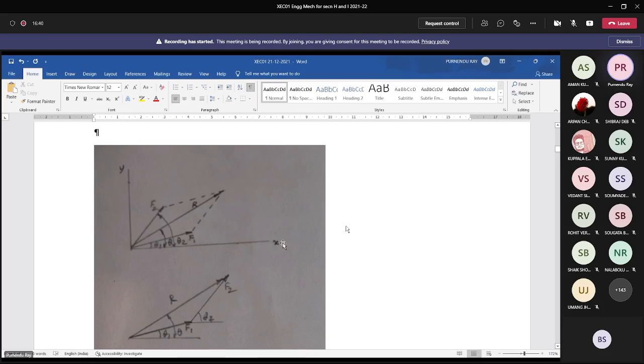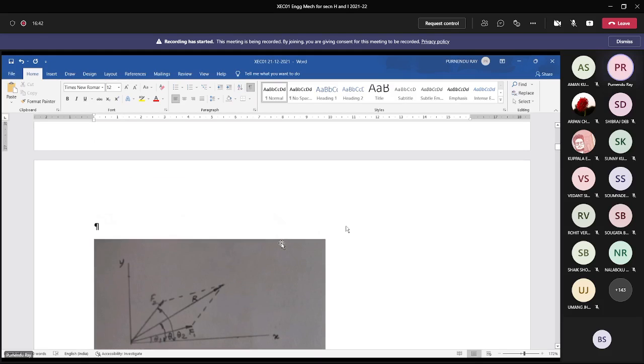Now you just tell me a simple projection from this geometry. If we drop a perpendicular from this end of F1 on the x-axis, I am not going back to the preliminary things, x-axis, y-axis, etc. I hope those prerequisites are very clear to you.